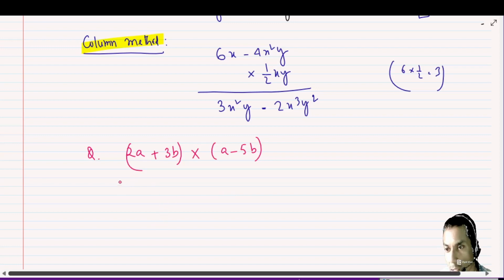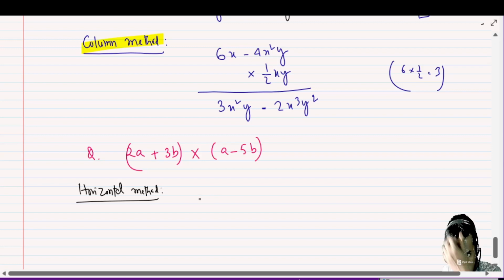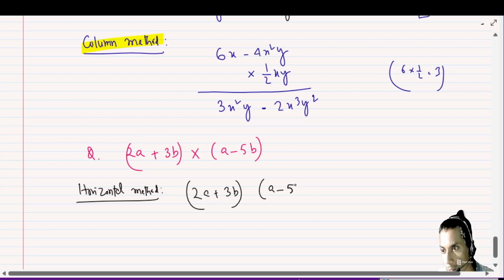First we do the horizontal method. 2a plus 3b, a minus 5b. How can we do that?